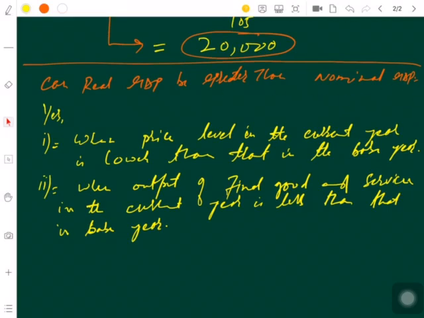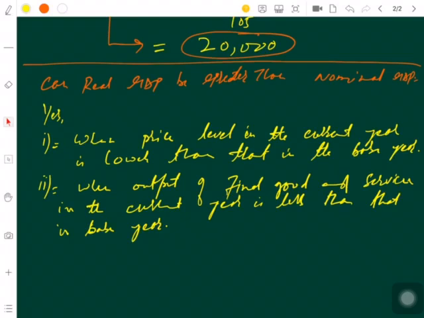We can say no. So the opposite: when price level in the current year is greater than that in the base year, and the second reason, when output of final goods and services in the current year is more than that in the base year. That is how questions are being asked, that is how tricks are being made, and you will now be able to answer many more questions from the above base knowledge.